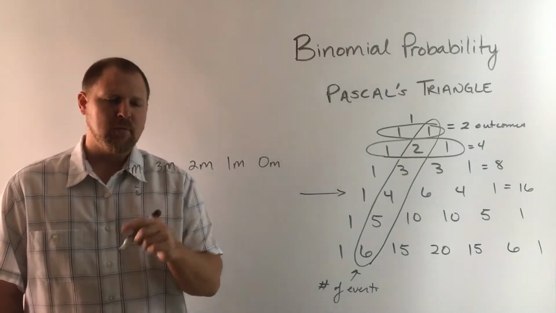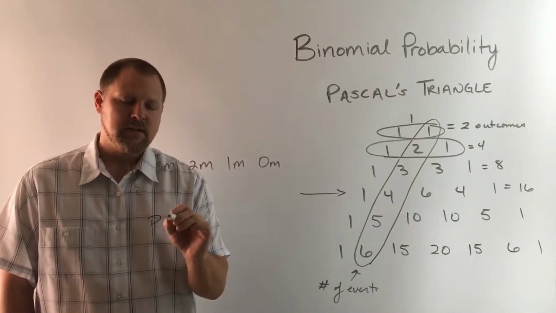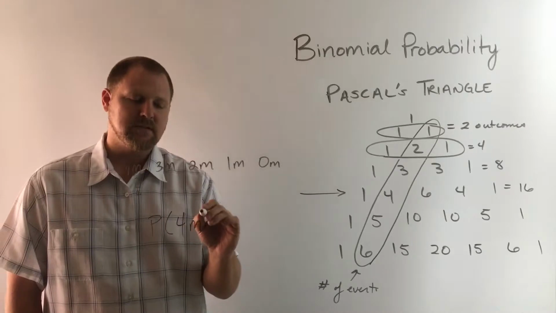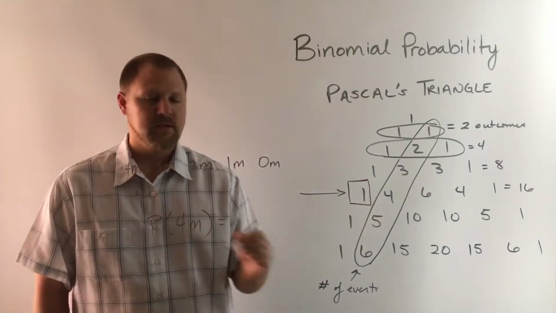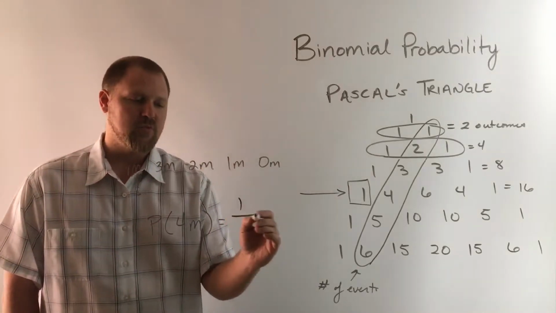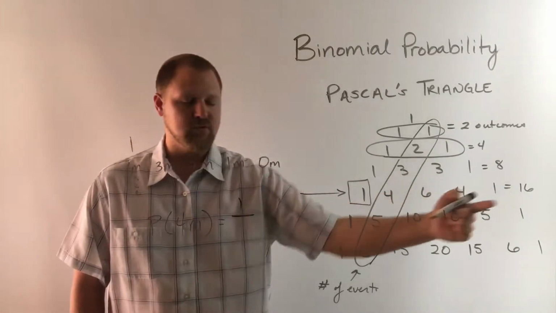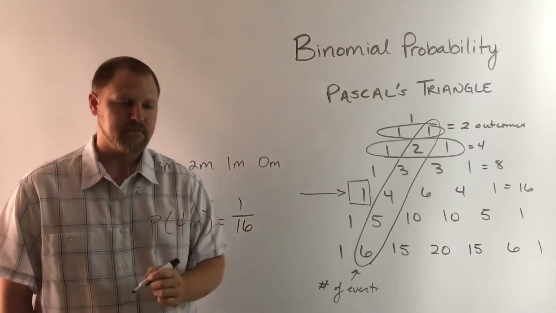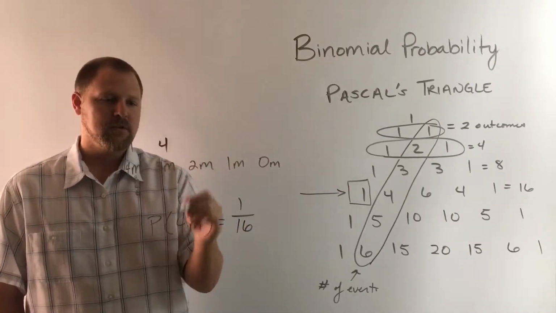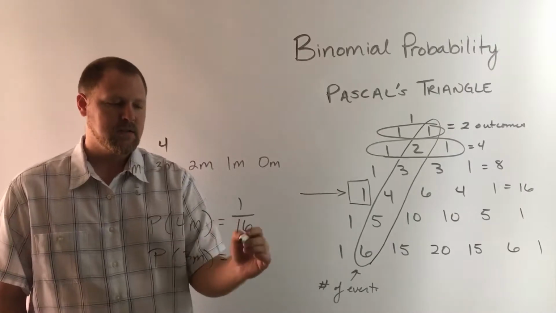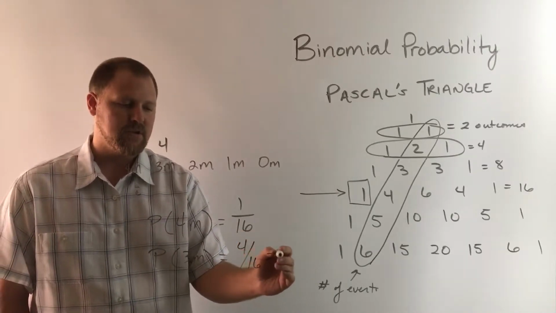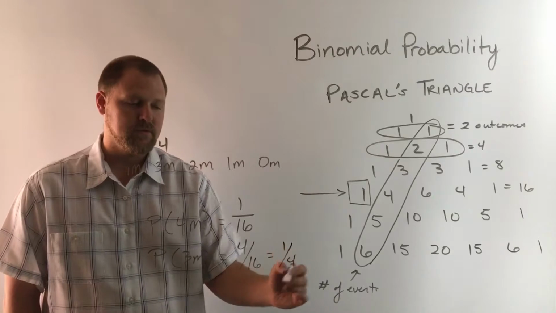So 4 makes, what's the probability that you make the shot 4 times? Well, the very first entry is the numerator out of the total possible, which is 16. The probability of 3 makes is 4 out of 16, which we know simplifies down to 1/4.